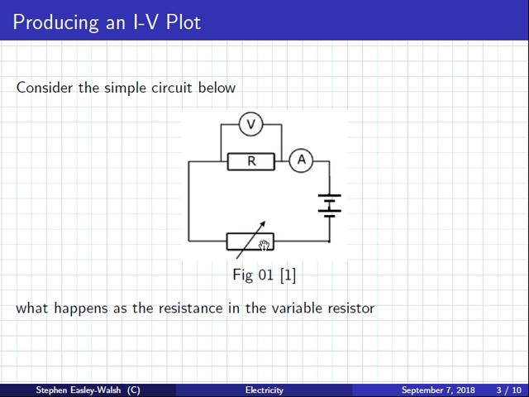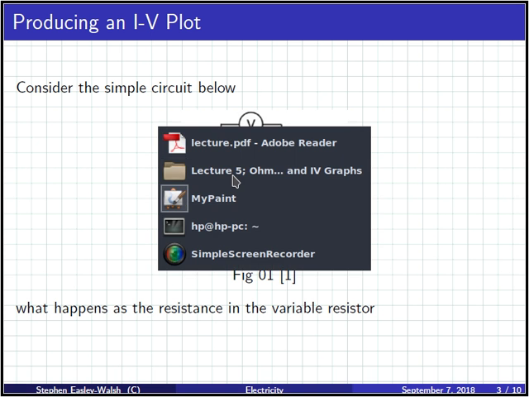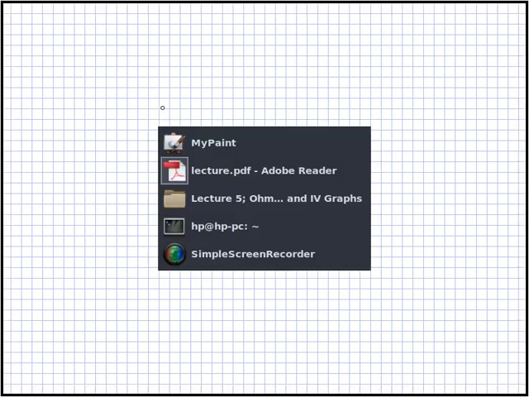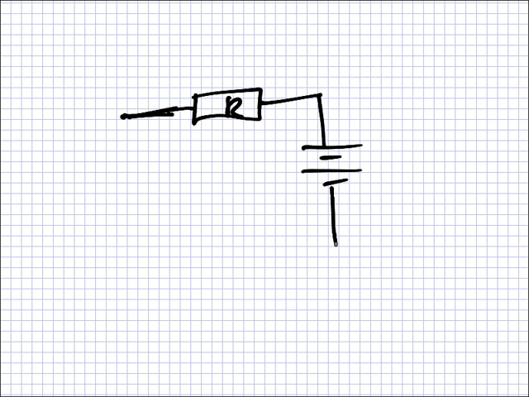Variable resistor. Now, if you look here, let me just draw this. So we have our power. We have a variable resistor.